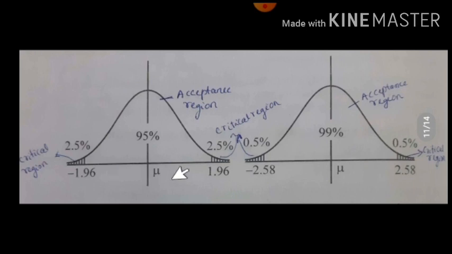It may be concentrated on both sides, rejecting the hypothesis and accepting the hypothesis on both sides. So it is called a two-tailed test. See the normal graph for a two-tailed test like this, where rejecting areas will be on both sides and the accepting area will be on both sides of the mu line. We apply it here at the significance level of 5% and 1%.